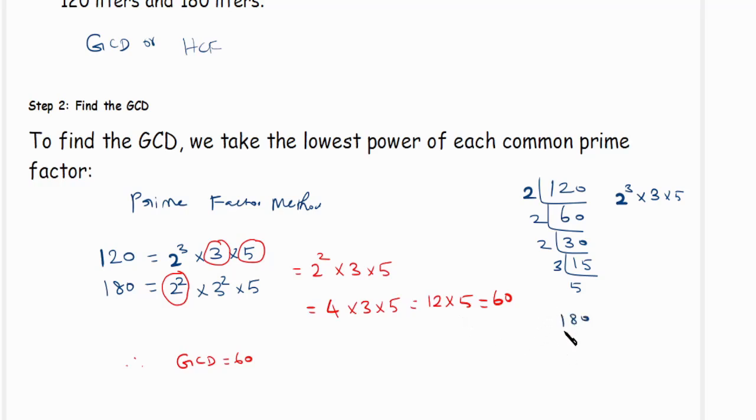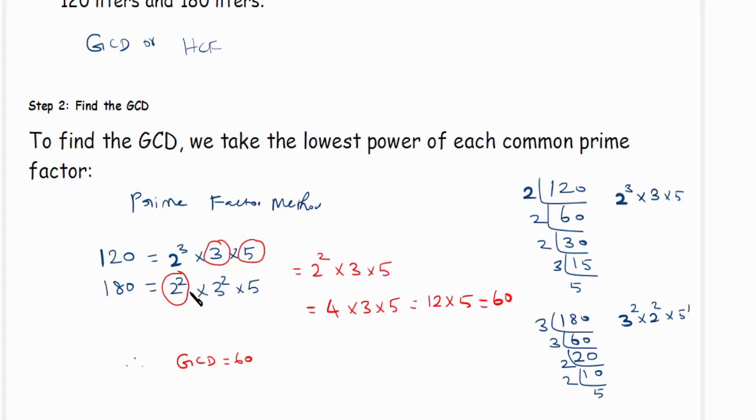For 180, 3, and again 3, now 2, again 2, 5. So this can be written as 3 power 2 into 2 power 2 into 5 power 1. So this is written here.